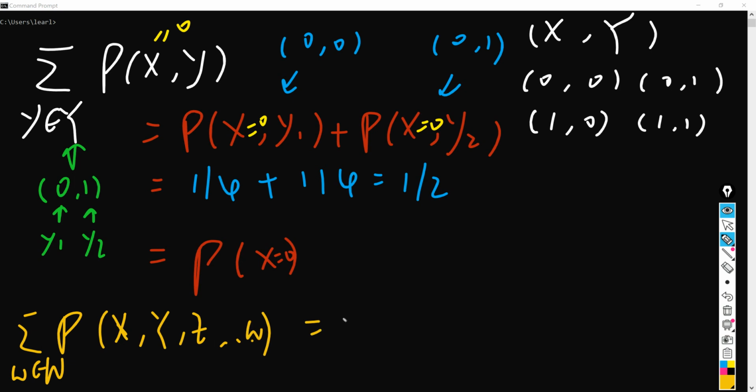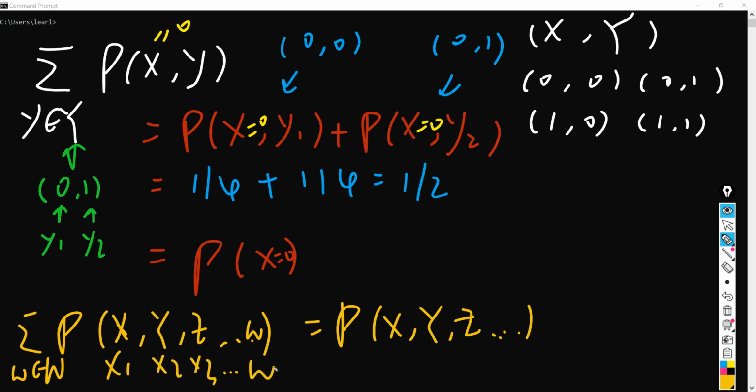So here it will just equal x, y, z, dot dot dot like this. Probably I should change to something else like x1, x2, x3 until this one, so it's less confusing.